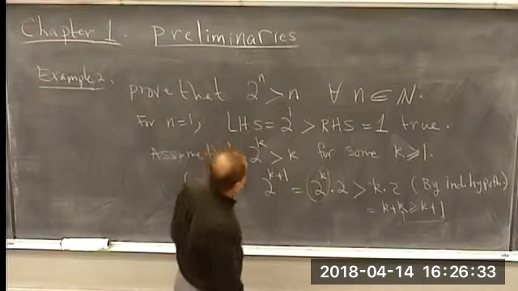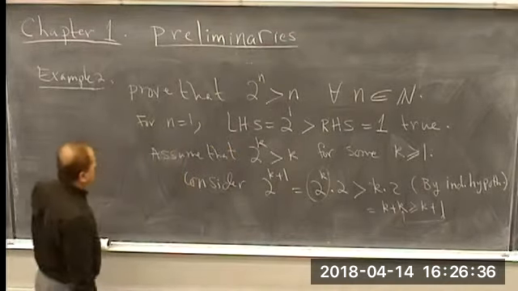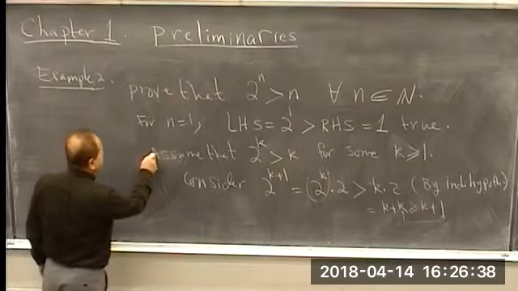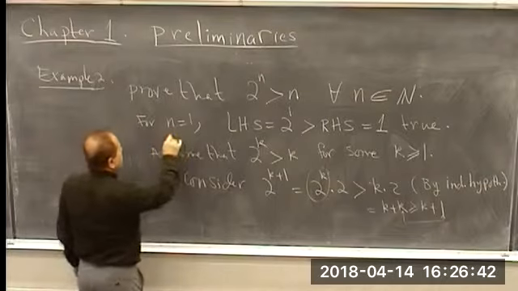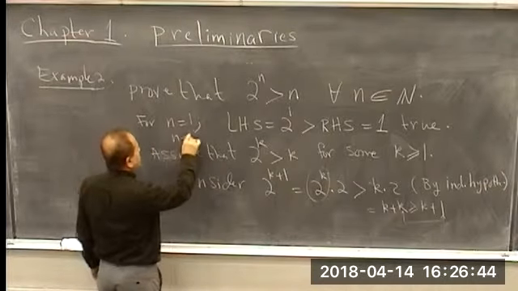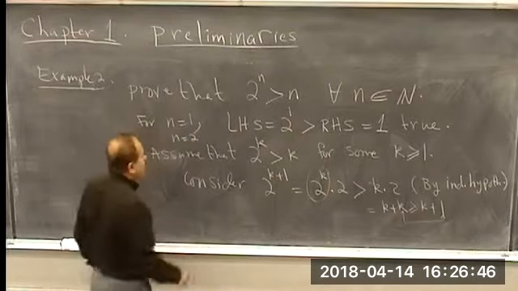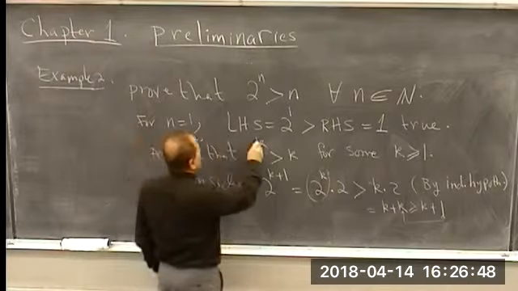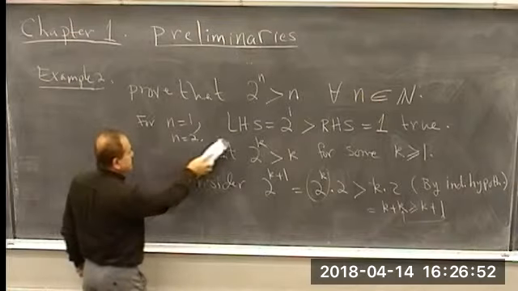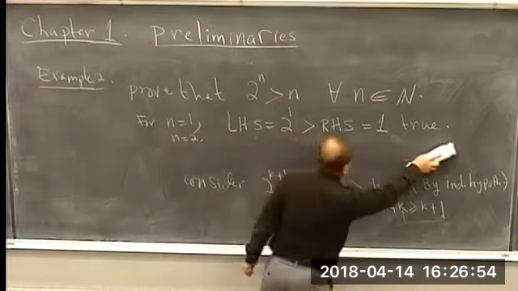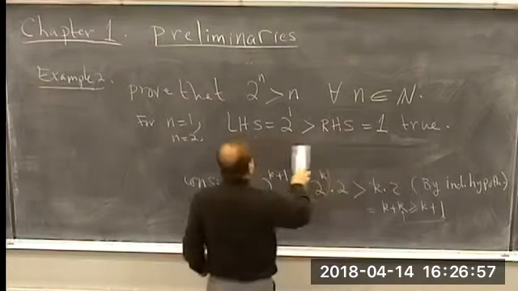So one way to avoid this is to do the statement for another integer, let's say 2. Okay? So for n equal to 2, the statement also holds, we're just doing it separately.